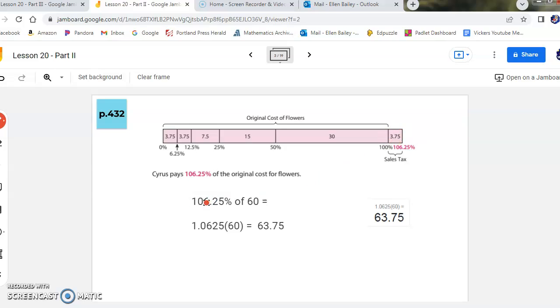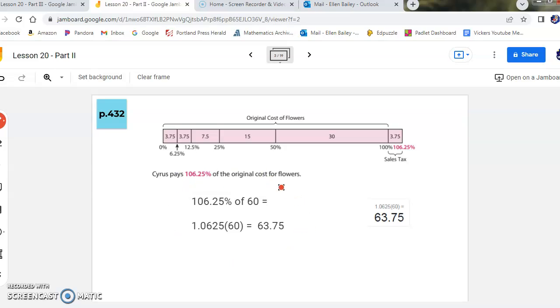All right, so I want you to think about this as 6.25% more is the same as 100% plus 6.25%. All right, so again, we'll talk about this more, but what we really figured out when we were figuring out how much the flowers cost altogether is what is 106.25% of them. And the nice thing about doing this right away is it avoids that step of addition. This really will save us time.